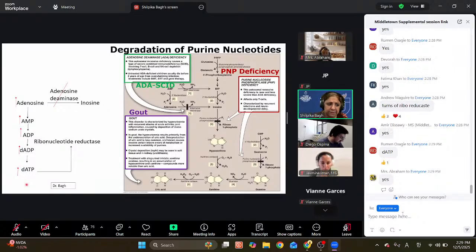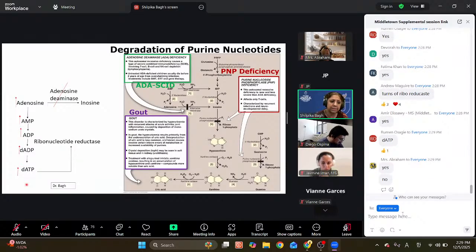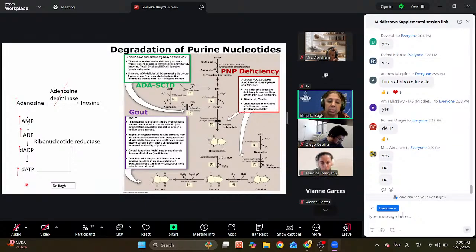Is it good? Very good, I like your answer. Is it good that RR is turning off in them? Why? You will not have DNA. And that's why you lose the cell function. That's why the whole T and B cell immunity is lost in them. The cell cannot function if you don't have ribonucleotide reductase.